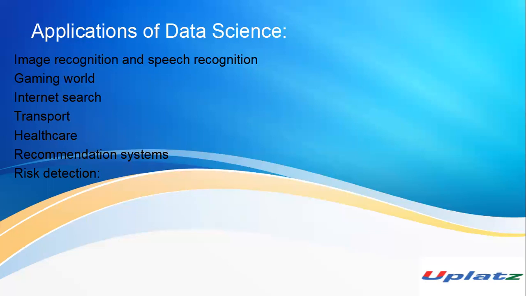Then in internet search, when we want to search for something on the internet, we use different types of search engines such as Google, Yahoo, Bing, Ask, etc. All these search engines use data science technology to make the search experience better, and you get a search result within a fraction of a second.